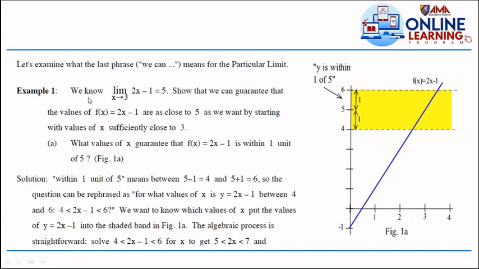So example number 1, we know that the limit of 2x minus 1, as x approaches 3, is equal to 5.